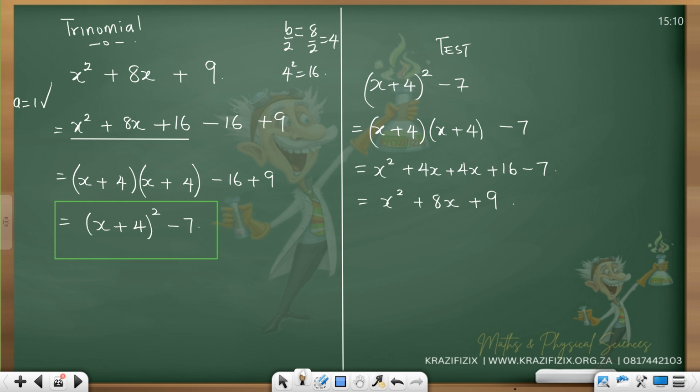I want us to move to when a is not equal to 1. Then we use that now to solve and then create a formula. This is where we're going to have rational and irrational numbers coming through. And then we can solve any trinomial. We're almost there, guys.